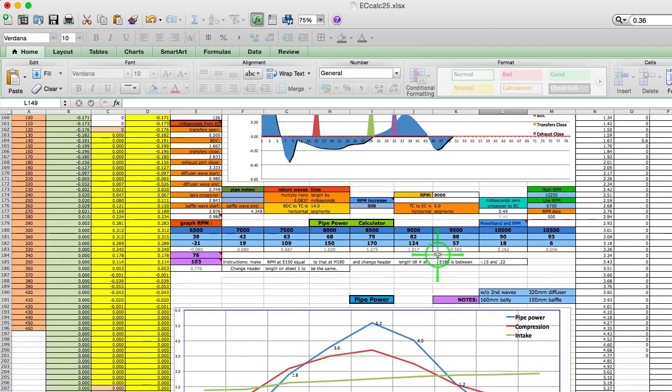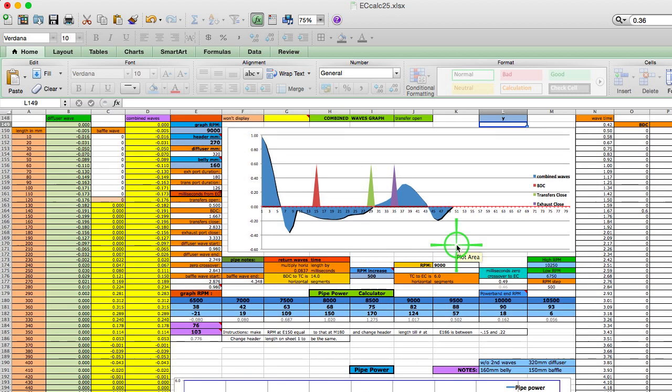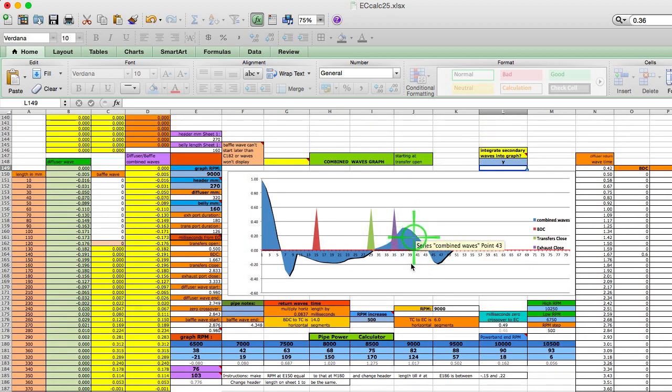It's just a point of reference to be able to see how the waves are actually affecting it by going between. So you see, you get a depression of the baffle wave here, and with the diffuser wave, a lessening of it right here. So that's an interesting effect.